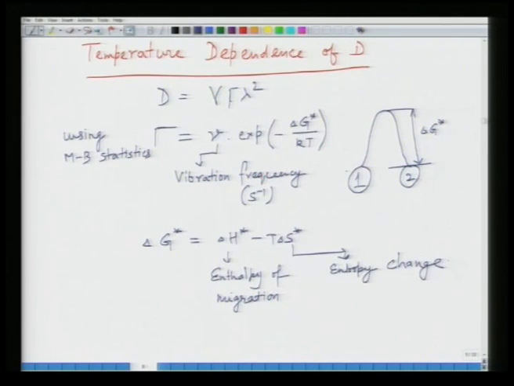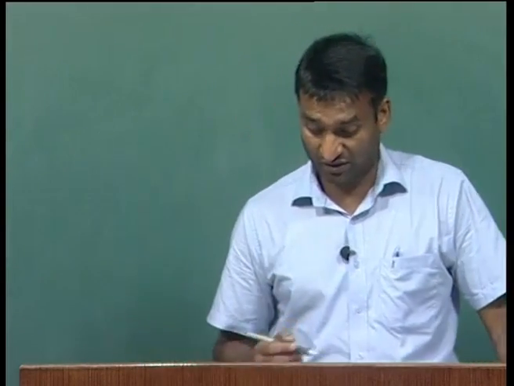Now, I will substitute this delta G star into the expression of tau. The first thing you must notice from this expression is that tau, which was looking like a constant, is no longer a constant. You have a vibration frequency which is a constant, but you have this temperature T which is a variable. So, what it shows is that the jump probability for a given material will depend upon the temperature. That should ring the bell that diffusivity is a function of temperature.